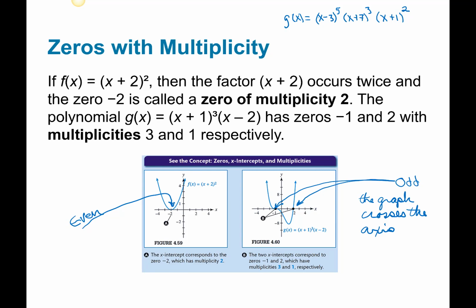So one of the things that I could do on a quiz, test, or whatever is to draw something like this and say, okay, you've got some zeros. Let's say this one is odd, even, odd, and say that the lead coefficient is greater than 0.